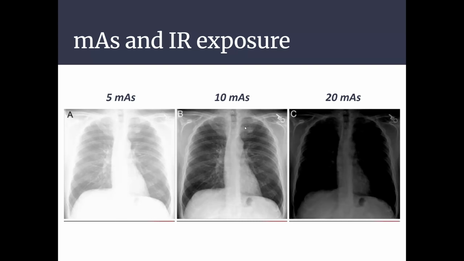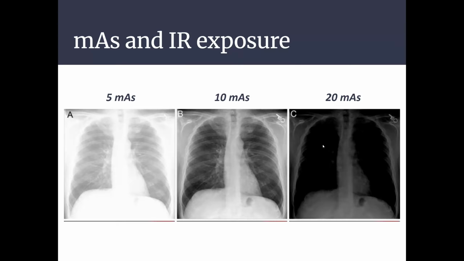But if you double the mass, it doubles the exposure. So you can see more clearly the detail and the contrast. You can see the difference between the white areas and the black areas, the areas of high attenuation and the areas of low attenuation. But then again, if you double that mass again, which means you're doubling the exposure, so you're using twice as much technique, then you're burning everything out because you're giving it more quantity of those X-ray beams to go through to the image receptor.